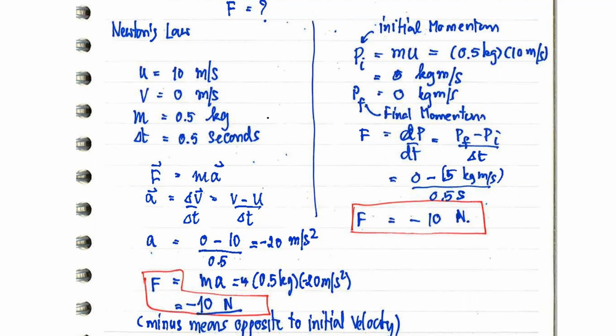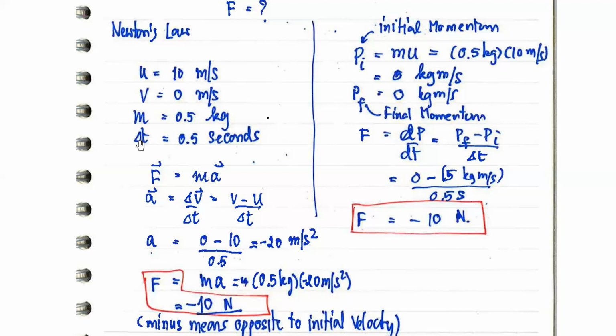A little bit slow if you're talking about the shooting speed of the football. Some people can shoot at the speed of more than 100 kilometers per hour. The velocity of the ball at the end is 0 meters per second, and the mass is 0.5 kilograms.